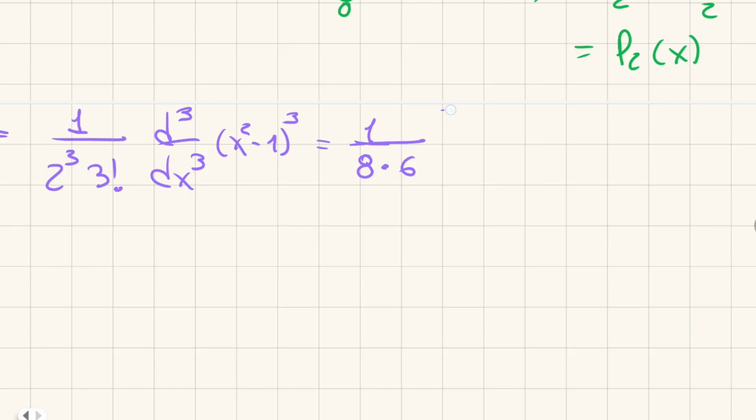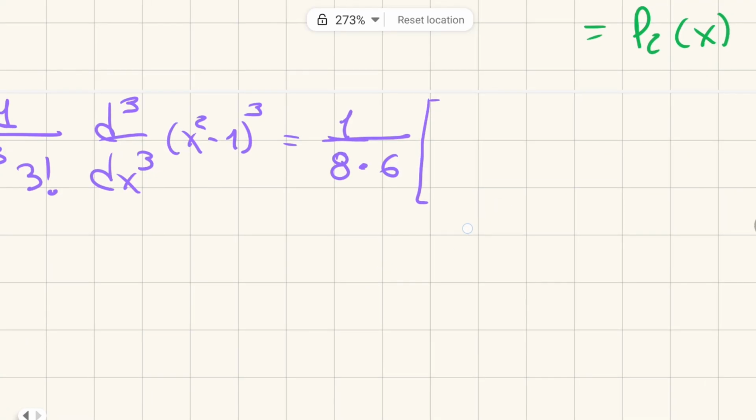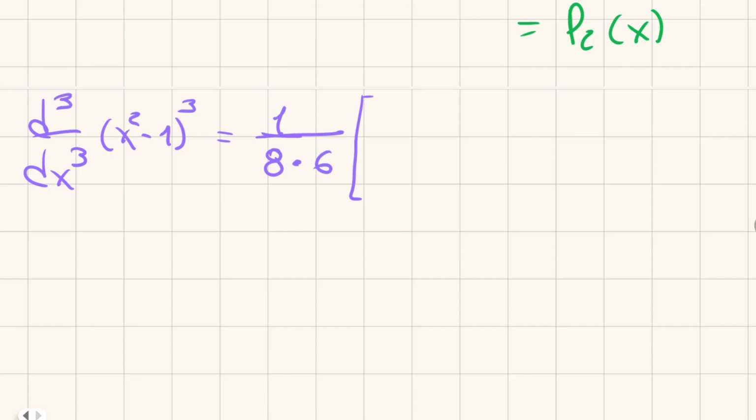Okay, so here we are going to raise this to the 3rd power. So if we remember the rule, the first element to the 3rd power is going to be x to the 6th power, and then minus 3 times the first one raised to the 2nd power, which is x to the 4th, times the second element, but that is just 1.